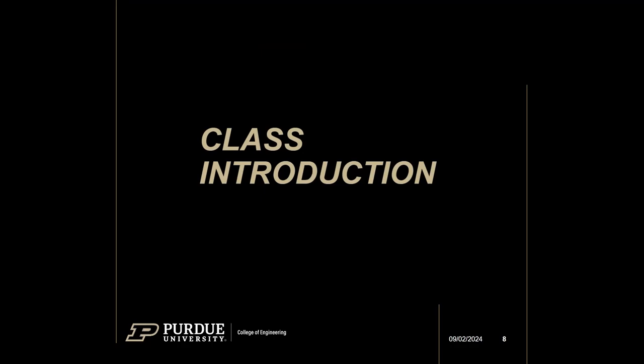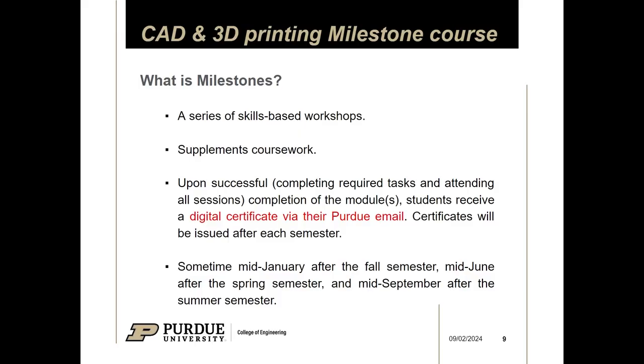So a little bit more about this class and milestones in general. So you're taking a milestones course, and some of you may be wondering what that is. It's basically a series of skills-based workshops. So it's kind of an enrichment course that adds on to whatever you're taking during the semester.